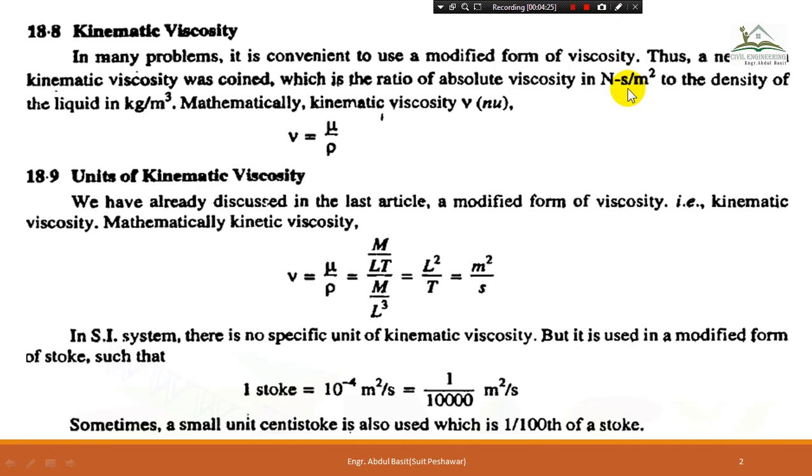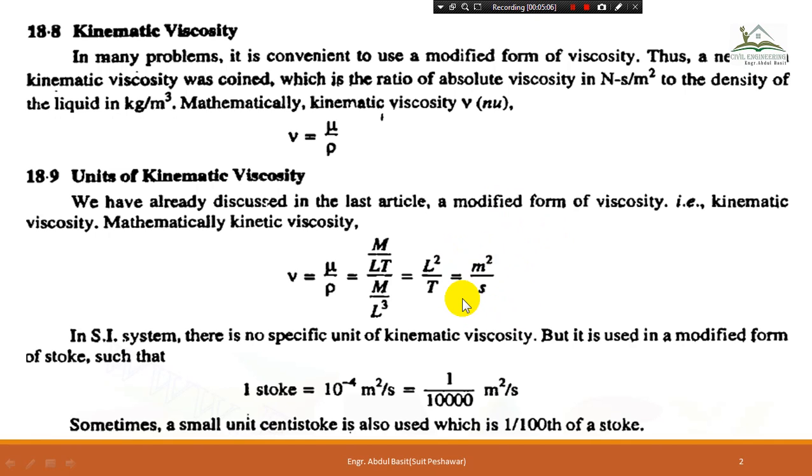Putting in the values, you get the dimension MLT divided by the density, which has dimensions M divided by L cube. Solving this equation by crossing the numerators with denominators, you get L square divided by T, which is meter square per second. This will be the unit for kinematic viscosity.